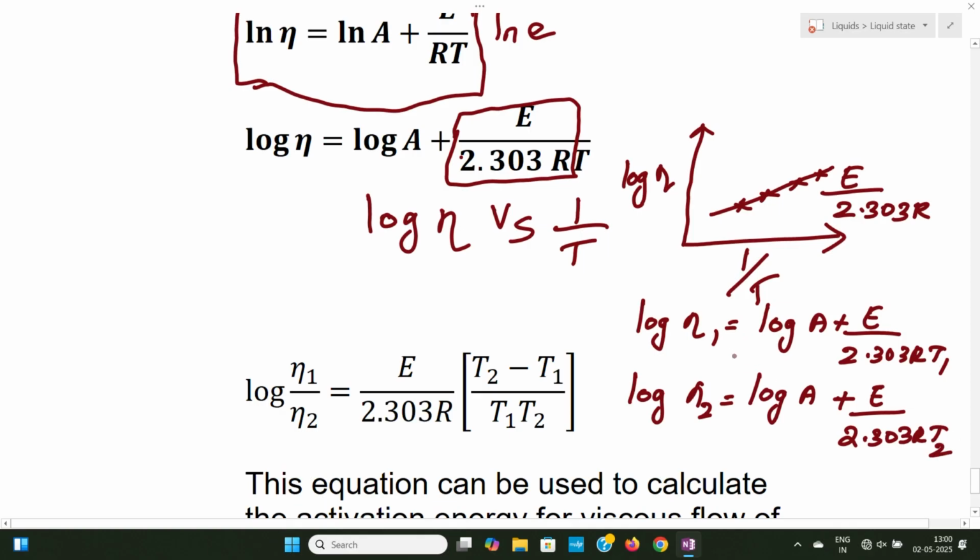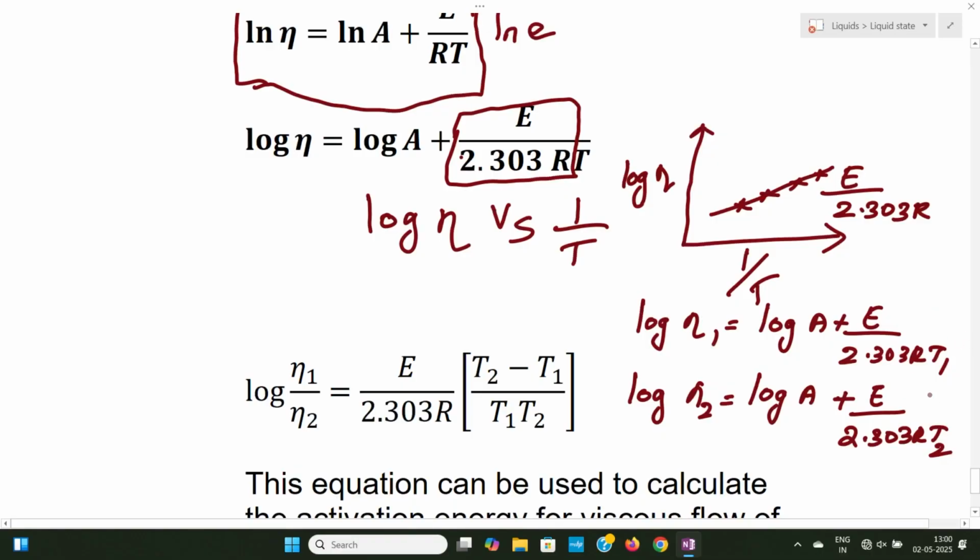So these are the coefficients of viscosity of the two liquids, and from this we can find out the ratio of the viscosities of the liquids, that is log eta 1 by eta 2.